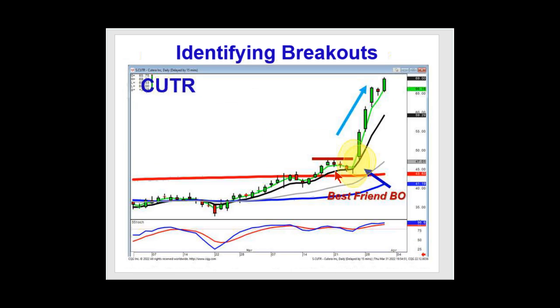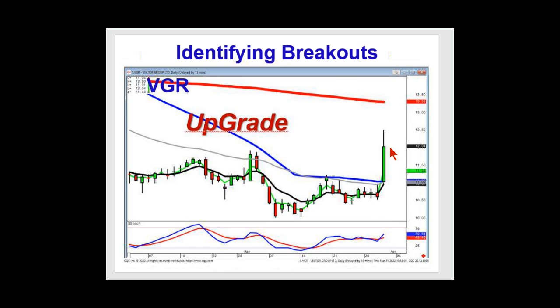If I see a best friend breakout in an uptrend, that tells me there's probably a lot more life in that price move. If I see a breakout and I find out that the only reason this was up strong was because it was an upgrade, now you have to consider, is an upgrade telling you there's a major change of investor sentiment, or is that just one analyst or one brokerage firm saying they're upgrading the stock?